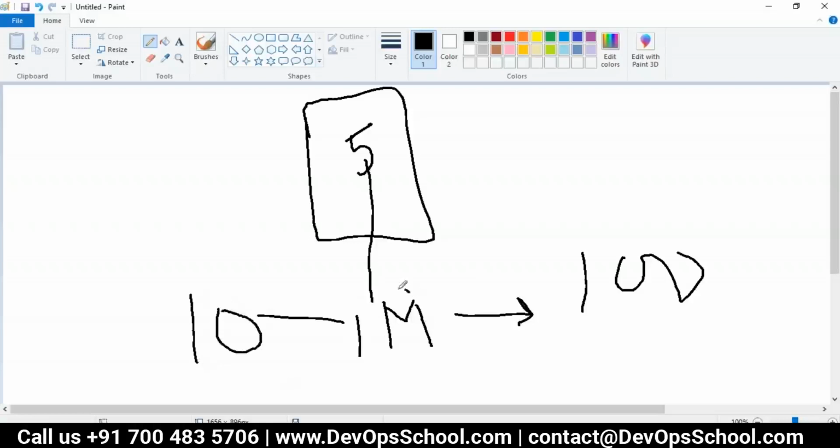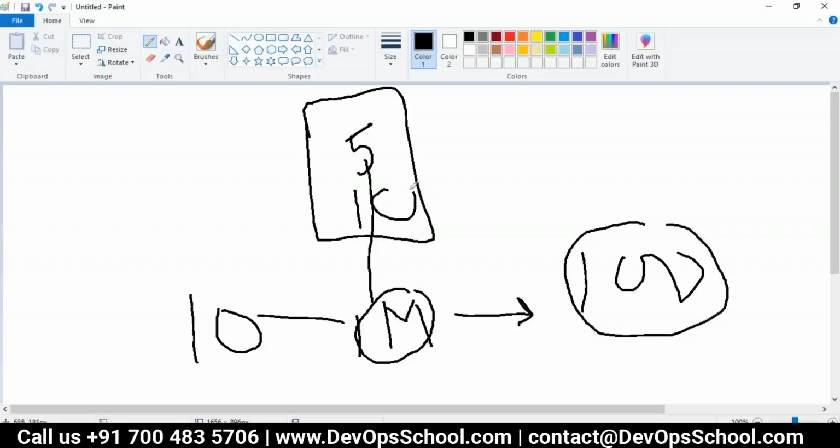Now what about the same duration, same budget, but instead of 5 you develop 10 features? So what do you think? The cost of the development is reduced by 50%.